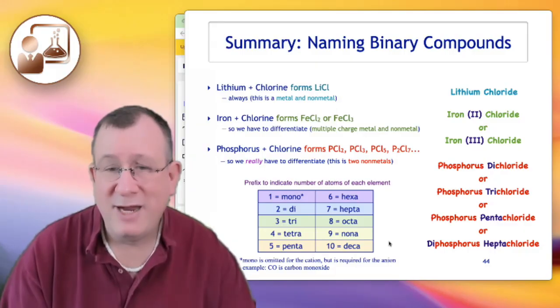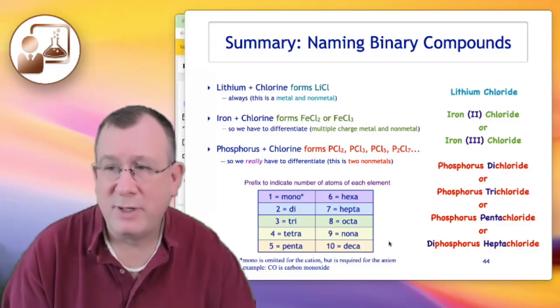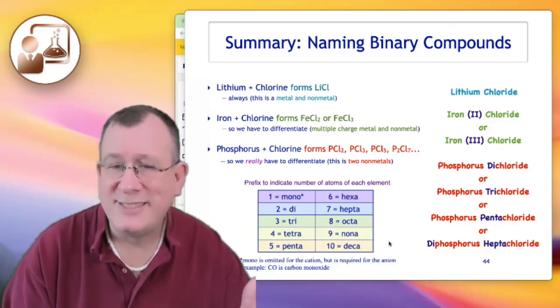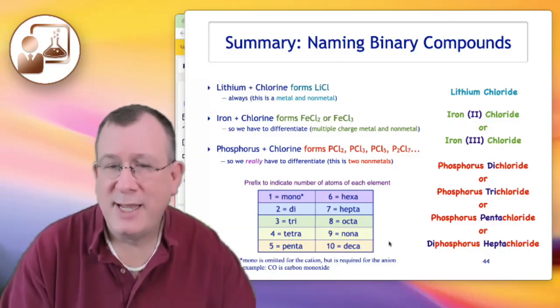The one you got to be careful about is 7, okay? Not sept, like September or septagon. We use hept. So in chemistry, not sept, hept. But for example, P2Cl7 is diphosphorus heptachloride.